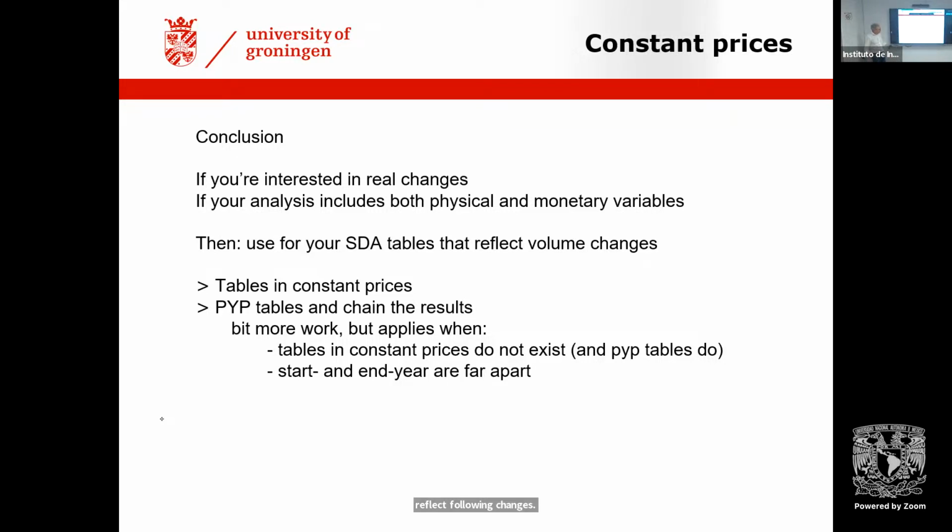So work with tables in constant prices, or preferably work with tables in previous year prices and chain the results. And if you ask for my preference, I think this is preferred, because the weights changed, and that is reflected in PYP.